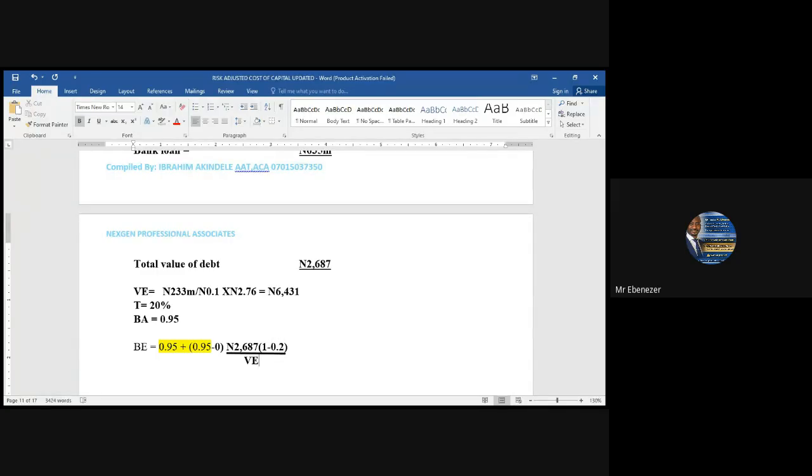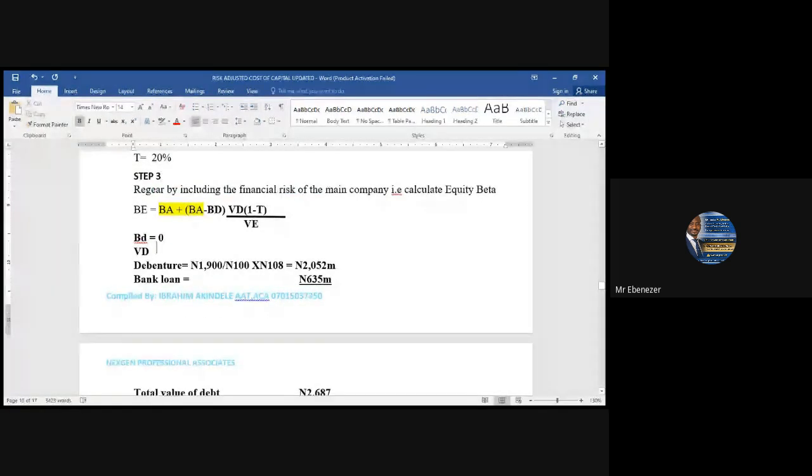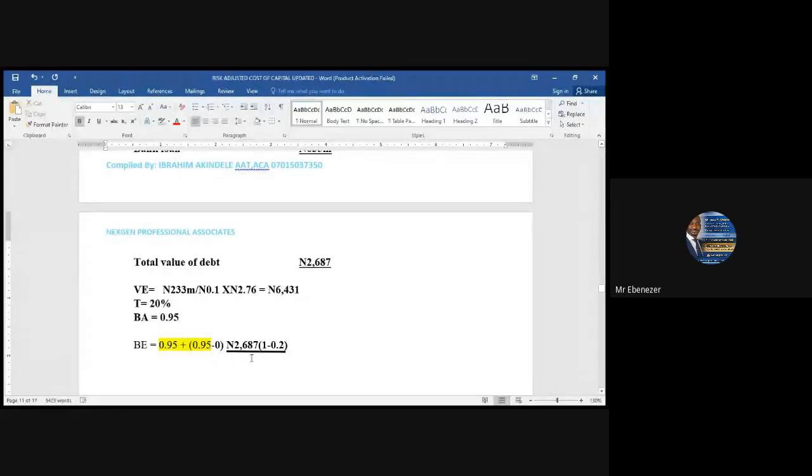The value of equity is what? We just calculated it. 6,431. So what do we have? 1.27.